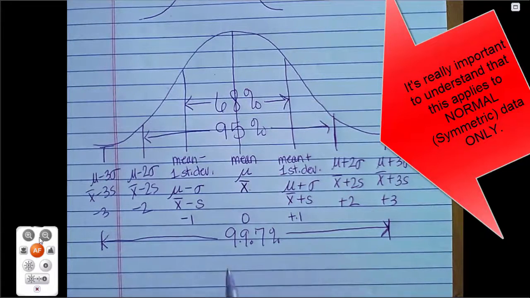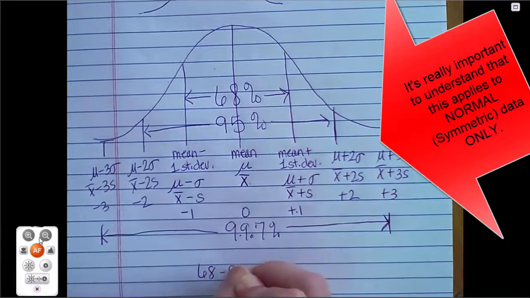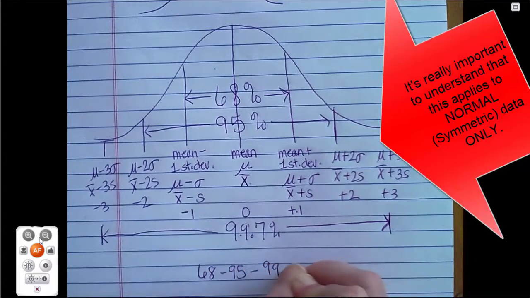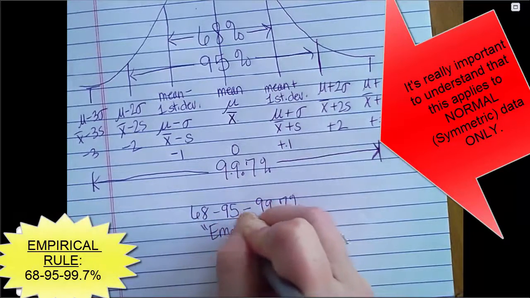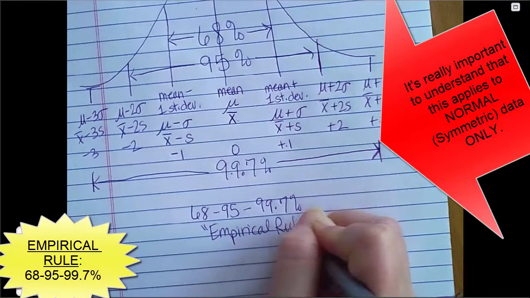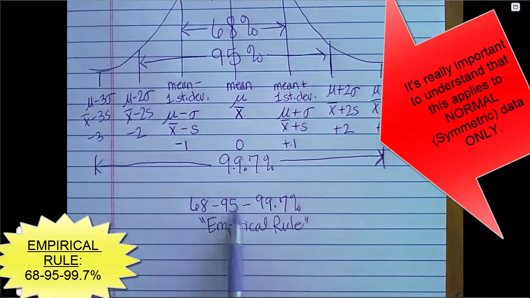Really, outside of 2 standard deviations is considered strange, but absolutely, if we're outside of 3 standard deviations away from our mean, we have a very unique data value or two, and we want to look at that further as statisticians. So those are general numbers. We call this 68, 95, 99.7% rule the empirical rule. If you read empirical rule, that's your normal model divided into those 3 segments in terms of standard deviations away from the mean.